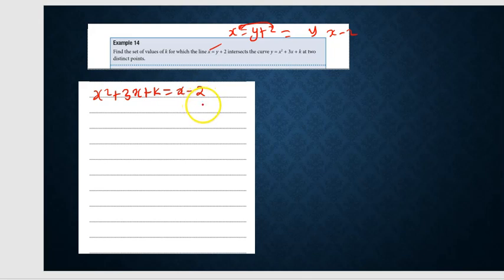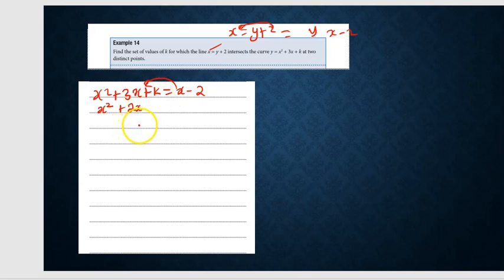Right. If we rearrange this as a quadratic equation, we are going to have x squared plus 2x, because we are going to take x; 3x minus x gives us 2x.